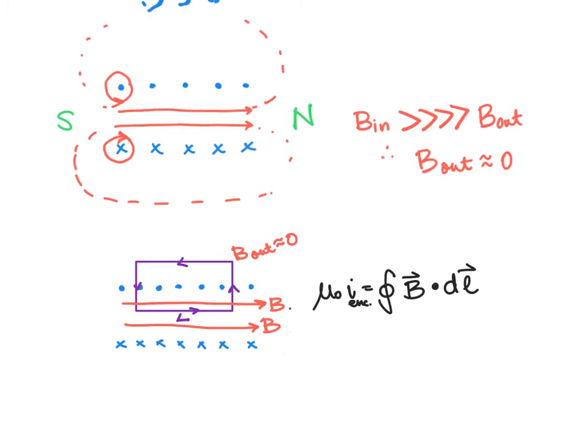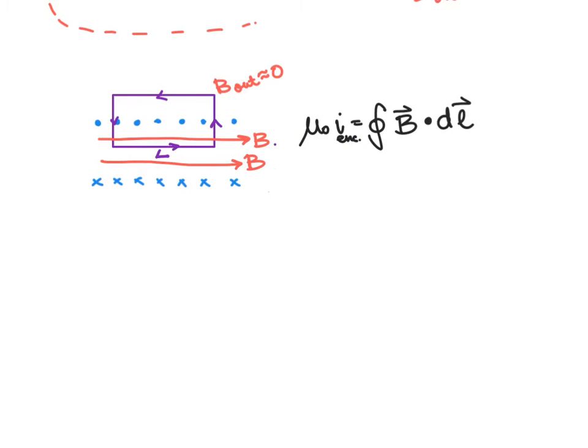So if that's true, then let's evaluate this integral to determine the magnetic field strength inside this long solenoid. Let's first consider this loop. I'll call the corners A and B and C and D.